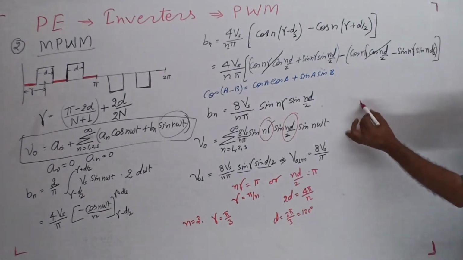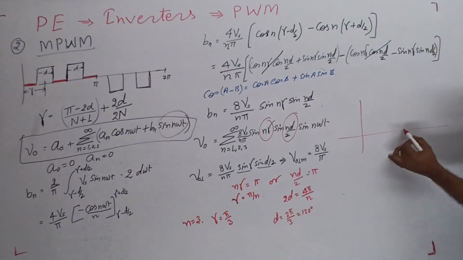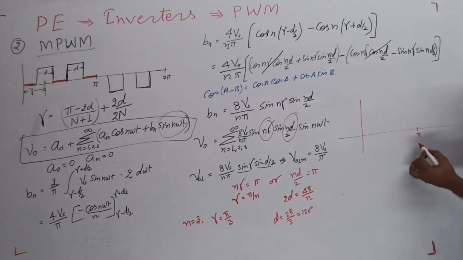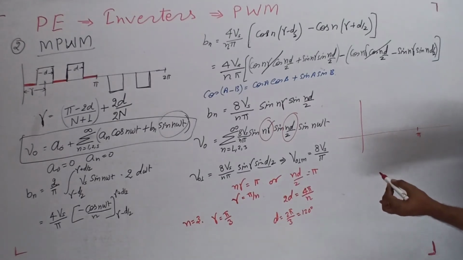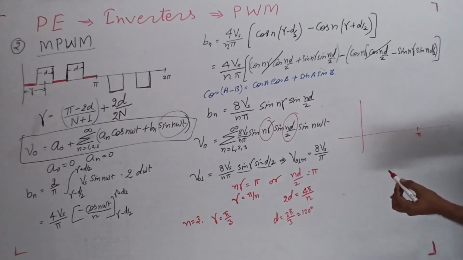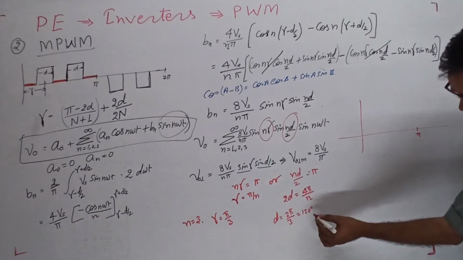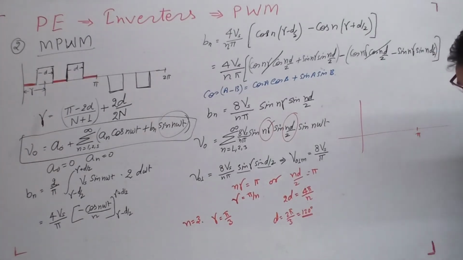So here we have this is the pi, and the pulse width is 120 degrees, d is 120 degrees, so 2d is 240 degrees. That is not possible.